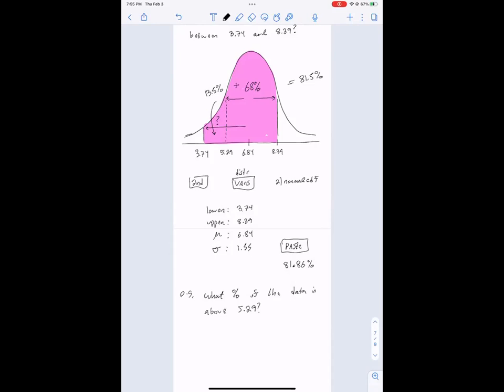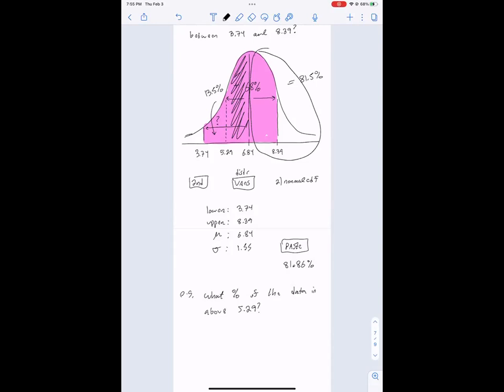It was 99.7 divided by 2. No, 99.7 is only up to 3. We're going forever. We're not stopping at 3.